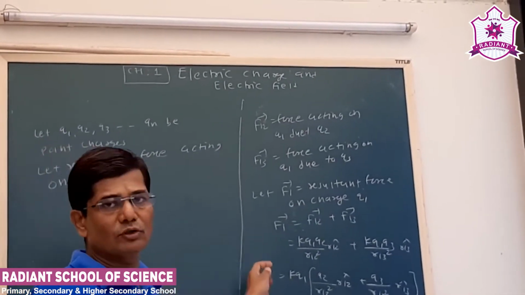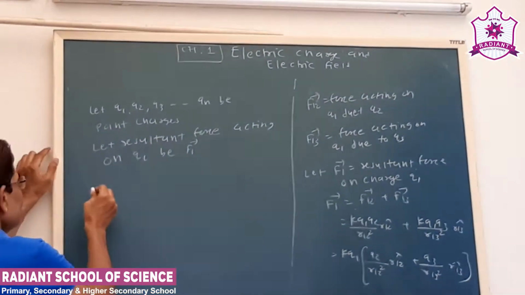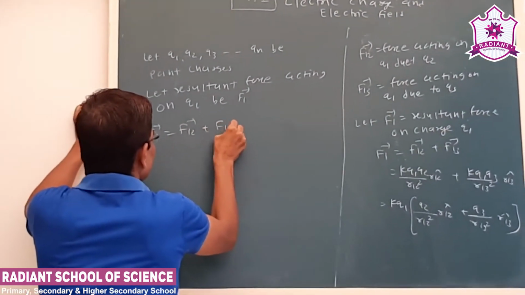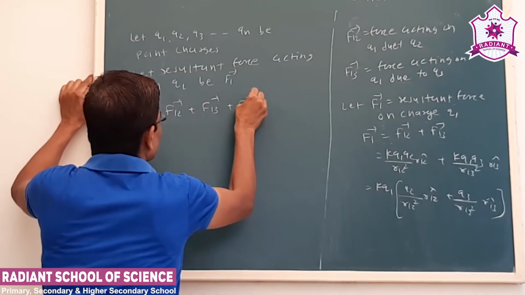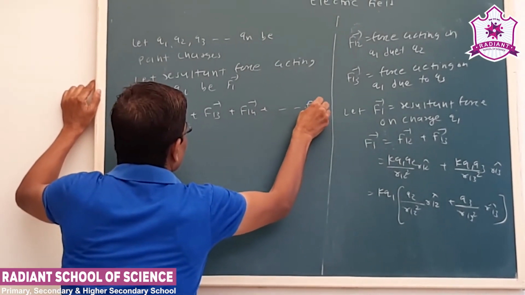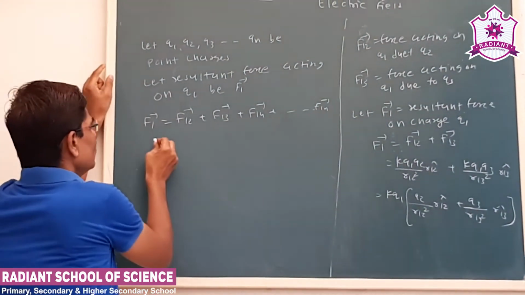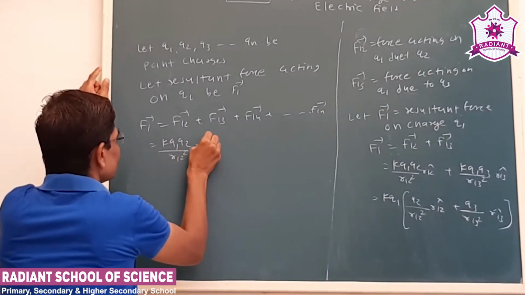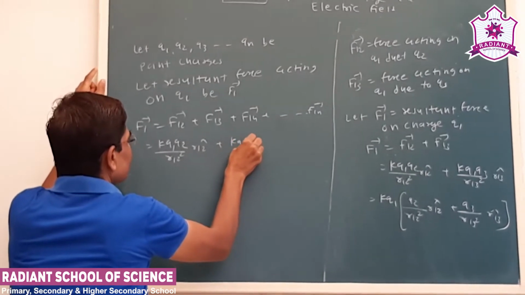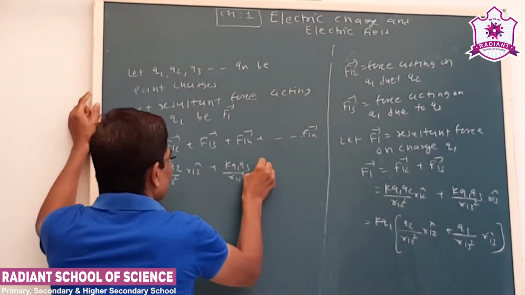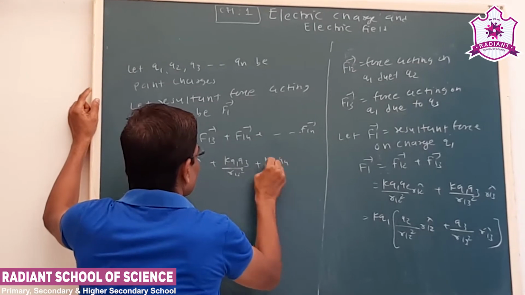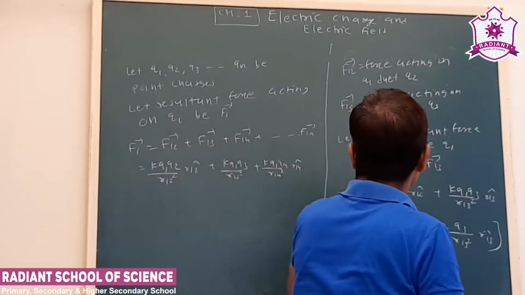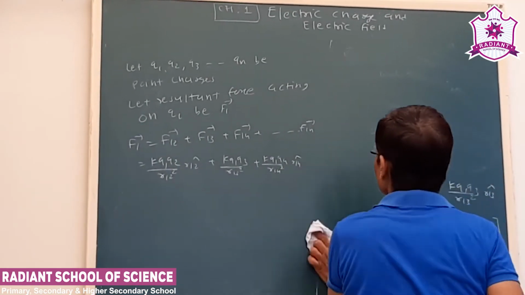Here we have written for 3 charges, but we can extend it: F1 will be F12 plus F13 plus F14 and so on. So this will be KQ1 Q2 and so on. We can extend this for n number of charges.